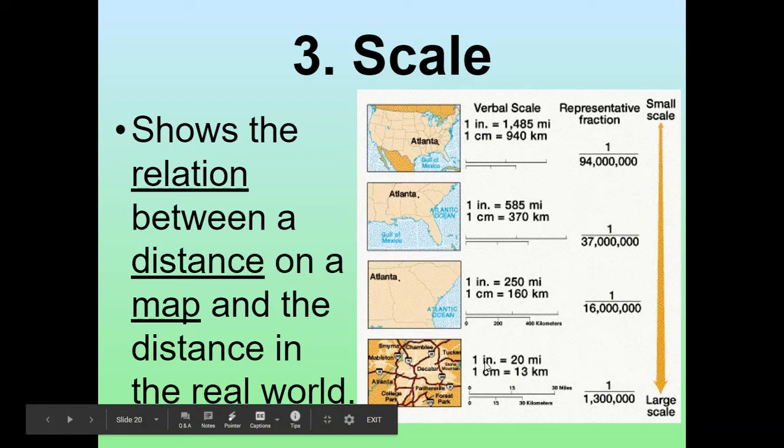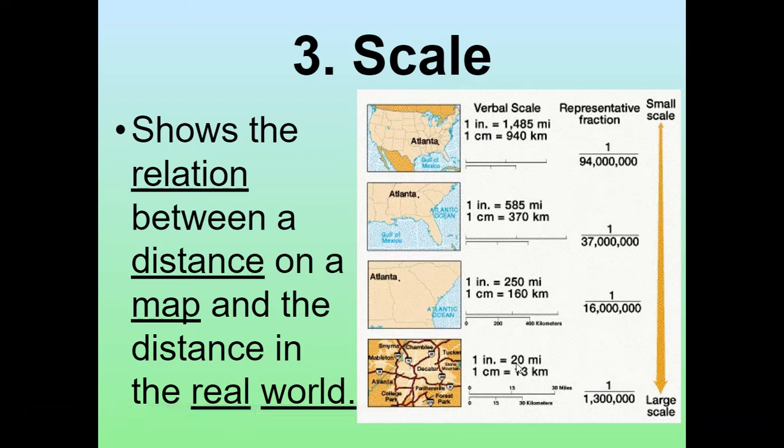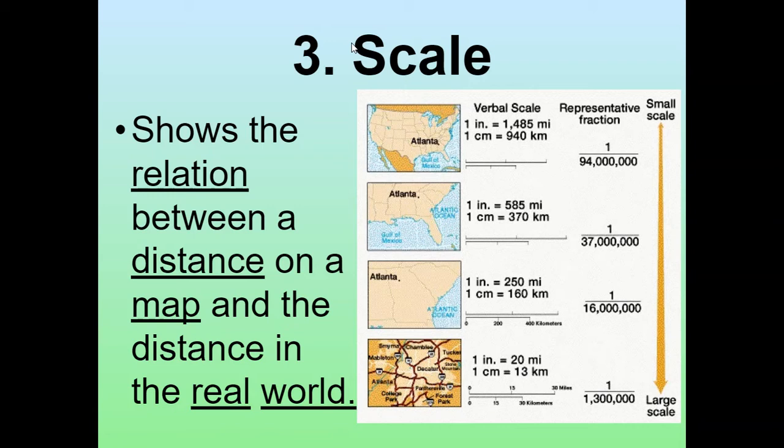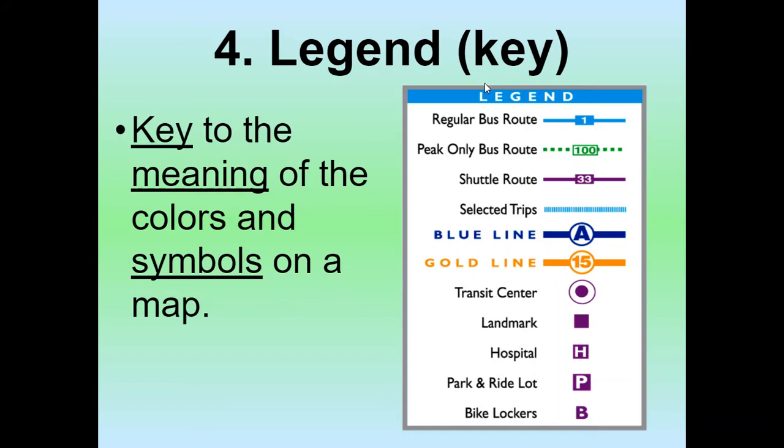So 1 inch represents 20 miles on this map. Okay, so scale is very important. We need to be able to use scale to determine how far things are apart on the map, or maybe how big a landform is on the map.